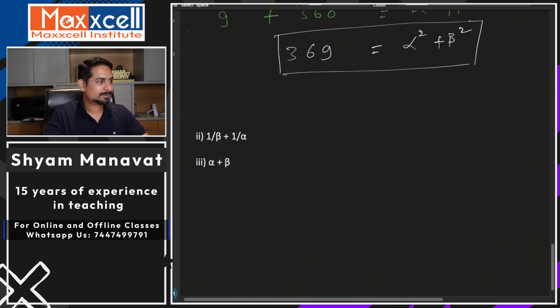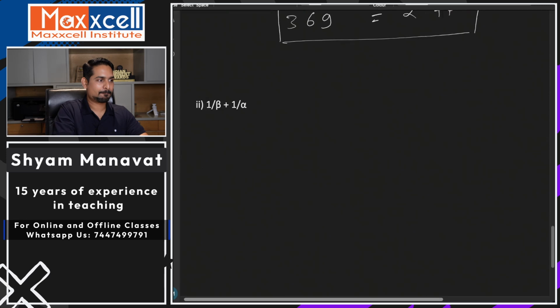Let's try one more. Here, how do we simplify this? 1 upon beta plus 1 upon alpha, a fraction. How do we simplify this? Cross multiply. Here denominators multiply with each other. You write beta into alpha or alpha into beta, it is one and the same thing, right?